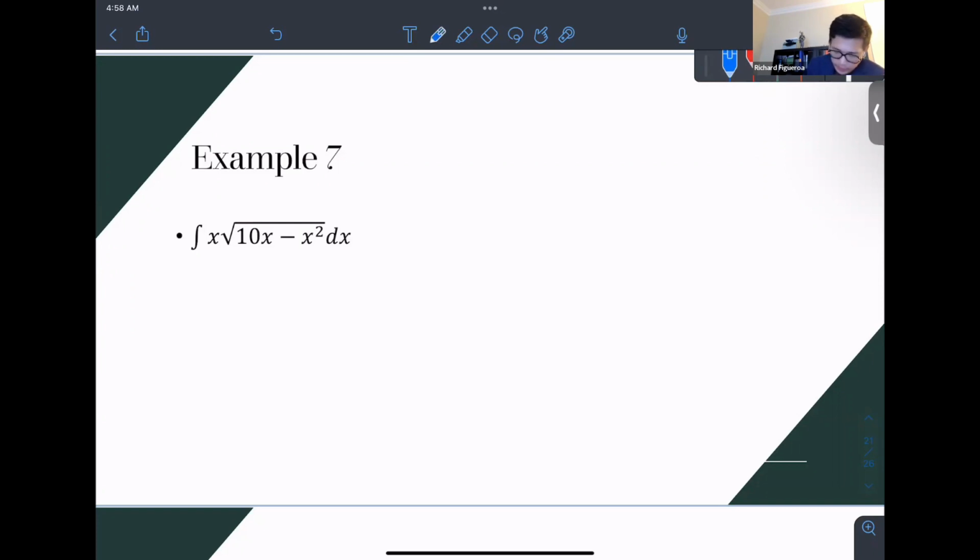So I can rewrite this one as x multiplied with, I want to make the x squared positive, so I'll factor out a negative.